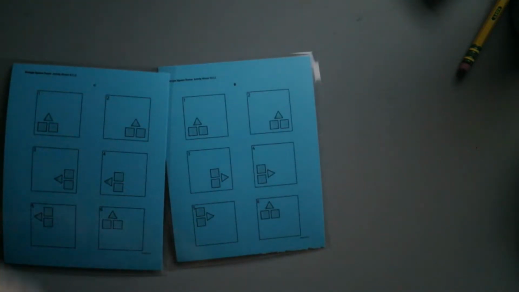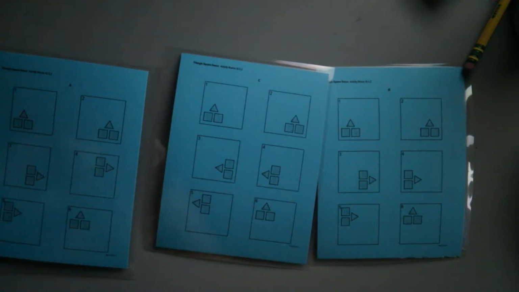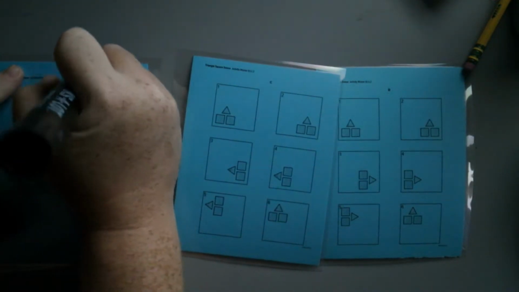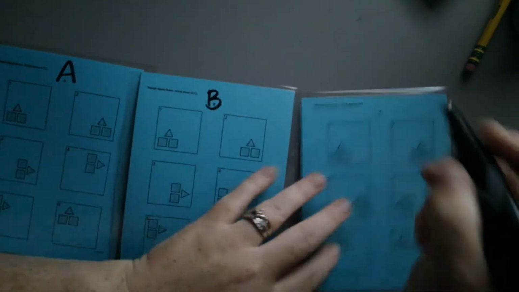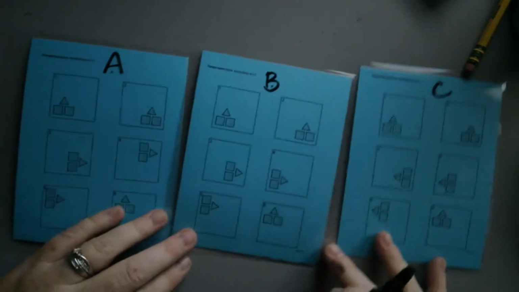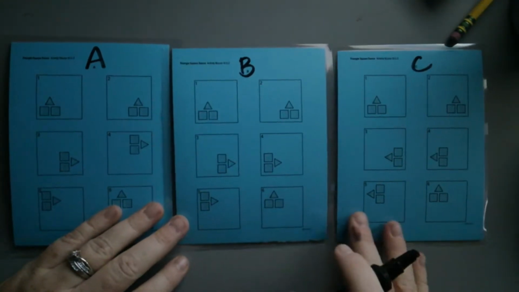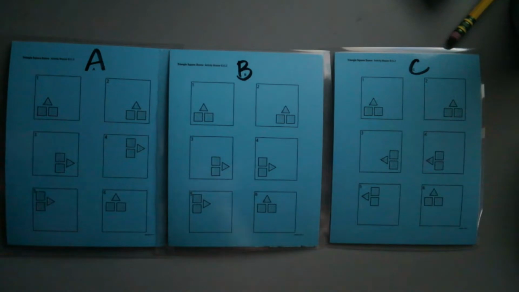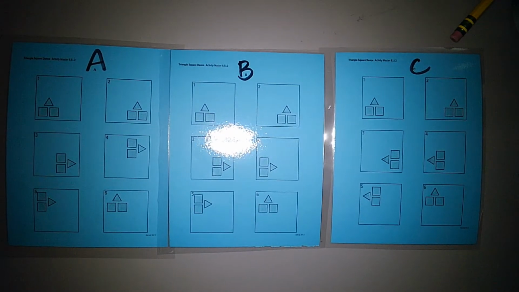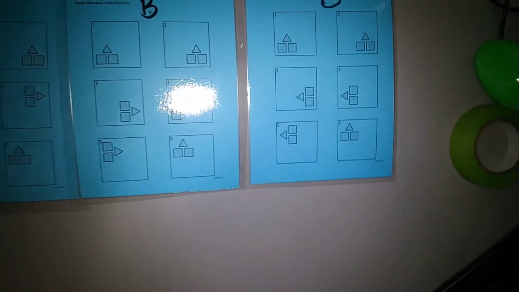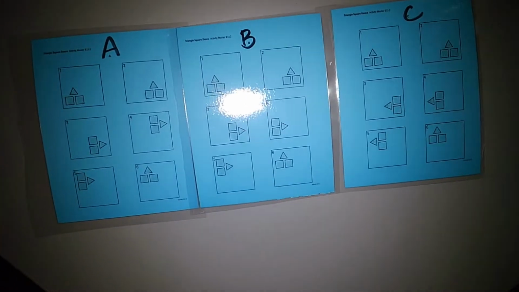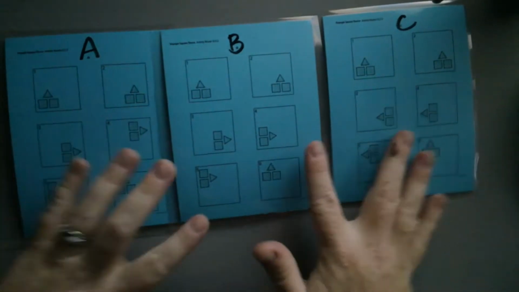We have card A. I'm going to draw a bigger A so you can see that it's A. We have card B. And we have card C. So if I show you these, does this help at all? No. Okay, let's turn that off, I guess.